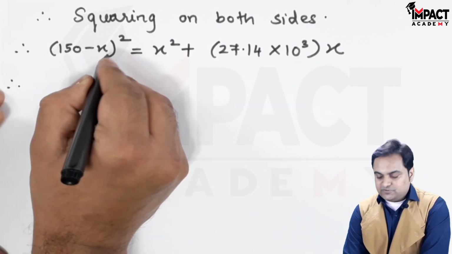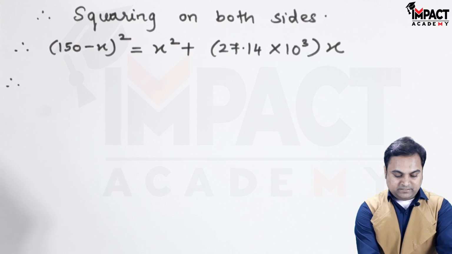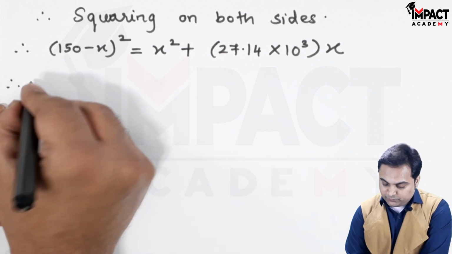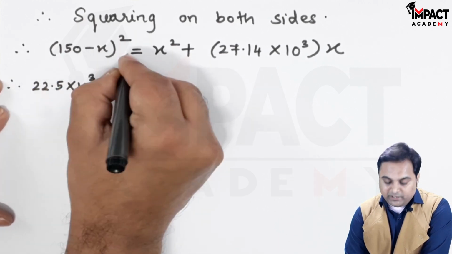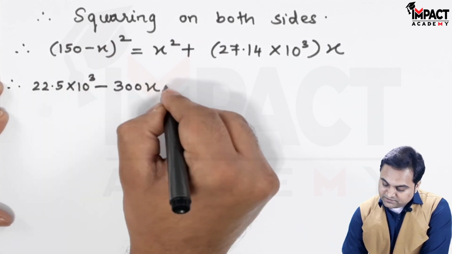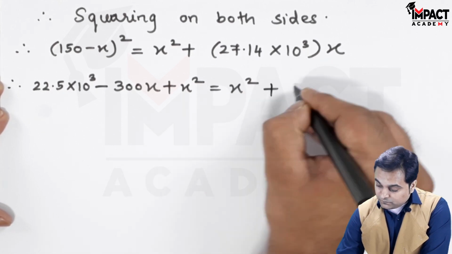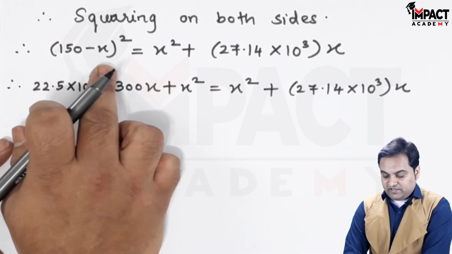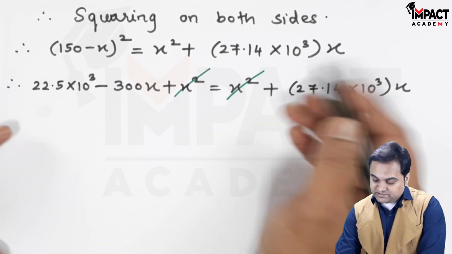Here I would be expanding this bracket by using A minus B whole square, so it is A square, which is 150 square, and the answer is 22.5 into 10 raised to 3, minus 2AB, that is 2 into 150, which is 300, X plus X square is equal to, here we have X square plus the coefficient into X. This has been expanded by using A minus B whole square. So we can see that from both sides the X square term gets cancelled out.